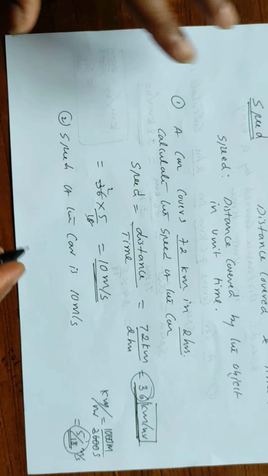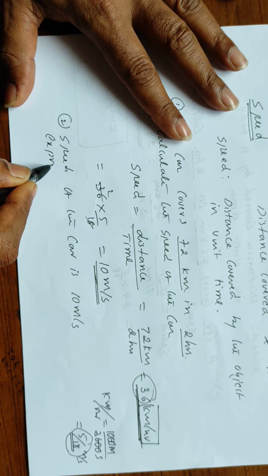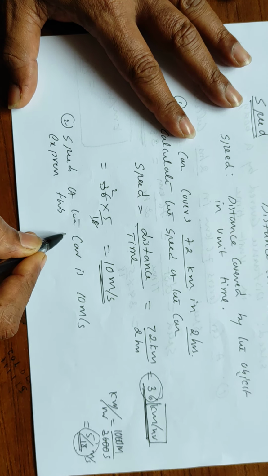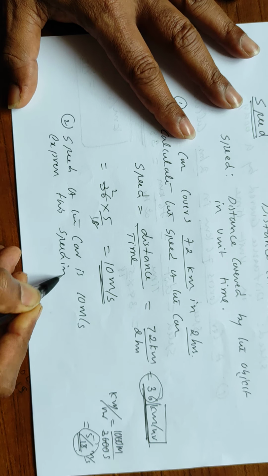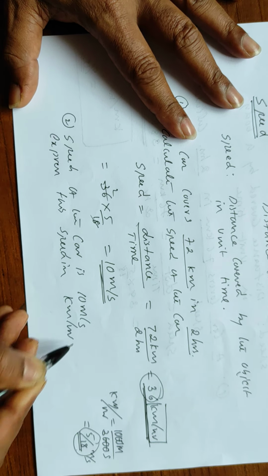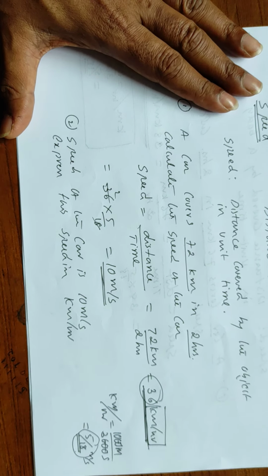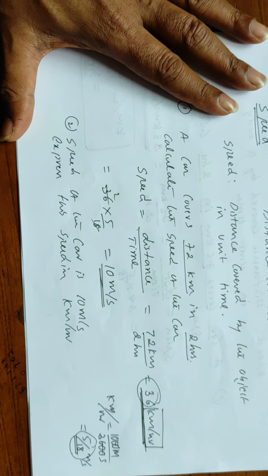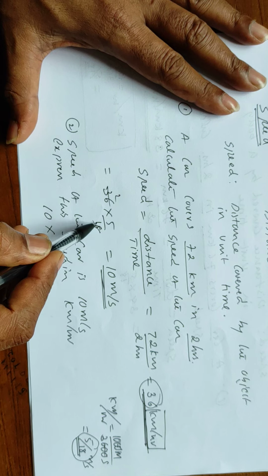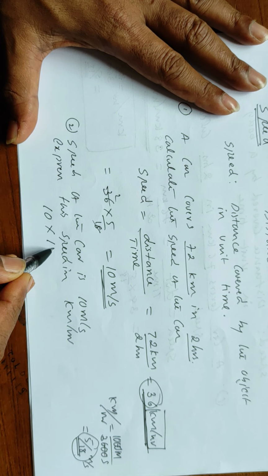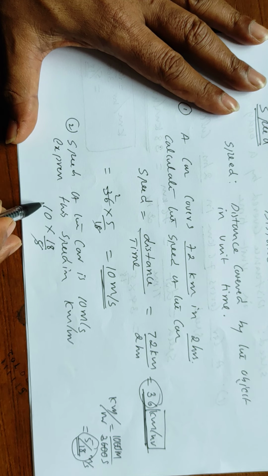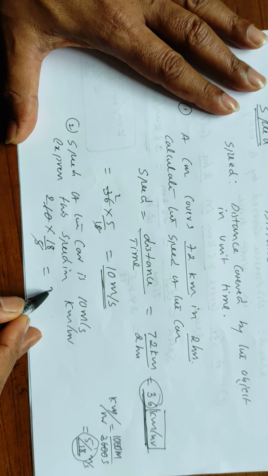If you are asked to express this speed in kilometer per hour, what you have to do, children? You have to reverse the process. Here you multiplied by 5 by 18. Here you have to multiply by 18 by 5. Reverse process.